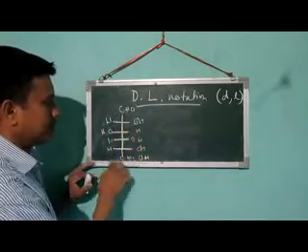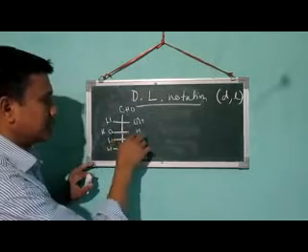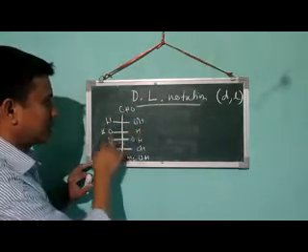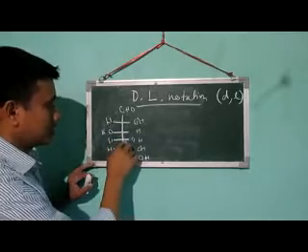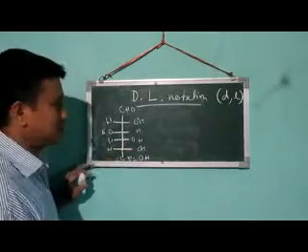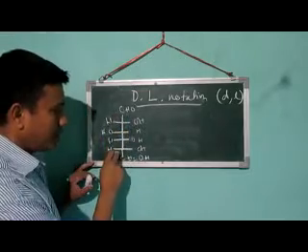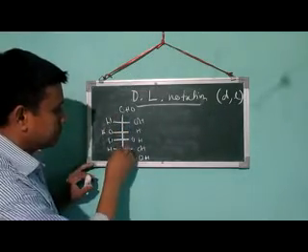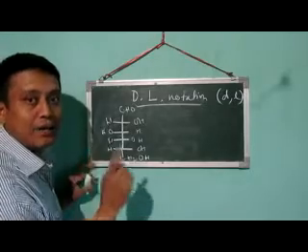This is a chiral center where four different groups are there. This is also a chiral center, or it is also called an asymmetric center. So we have to see the configuration of the carbon which is the highest numbered asymmetric carbon.